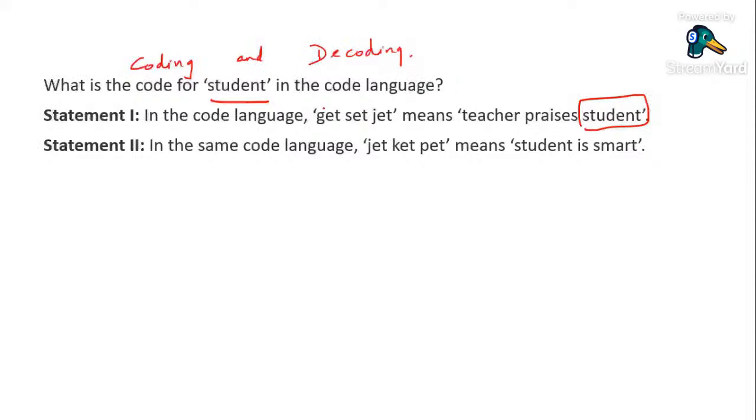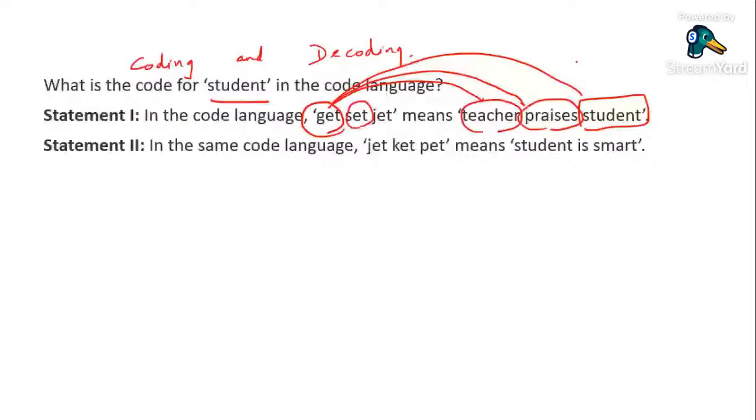But can we say student is jet? No. It can be in any order. You cannot take it like get is teacher. Get can be teacher, get can be praises, it can be student also. It can be in any order. So only with statement one alone we cannot answer. Don't take it for granted. Get is the first letter, so teacher will be the first; set is the second letter, so praises will be the second.